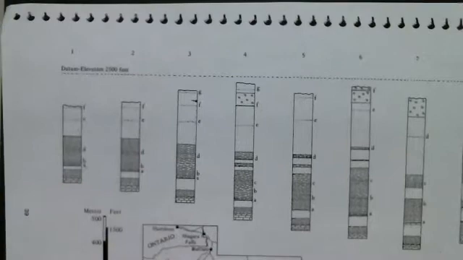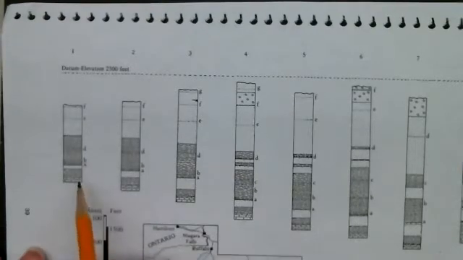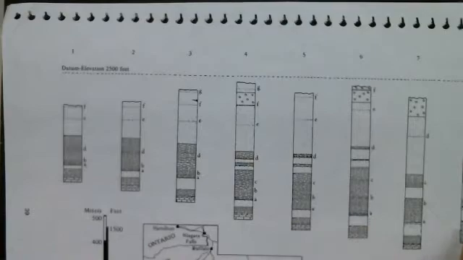So remember the law of superposition, the older features on the bottom and the younger features on the top. So obviously, if you look at all these rock columns, A is at the bottom of each of the columns.